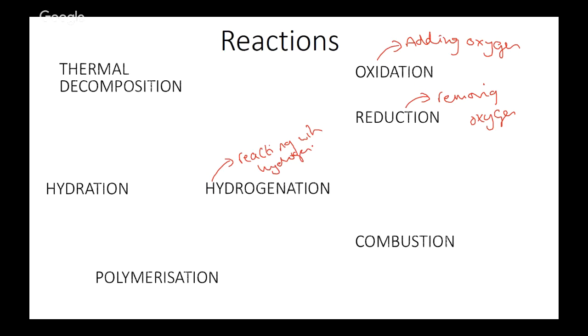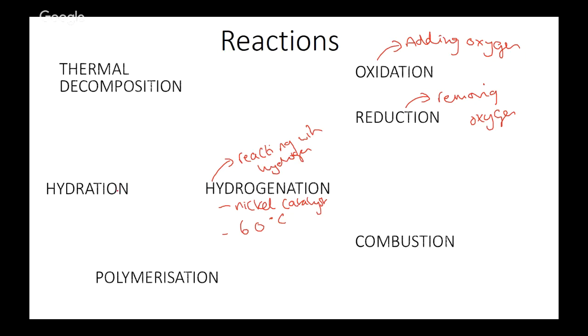Can you think of the specific conditions that are needed for hydrogenation? Because they need very specific conditions. Well done if you thought of a nickel catalyst and 60 degrees centigrade. And this is when we're adding hydrogen to unsaturated oils to make them saturated.